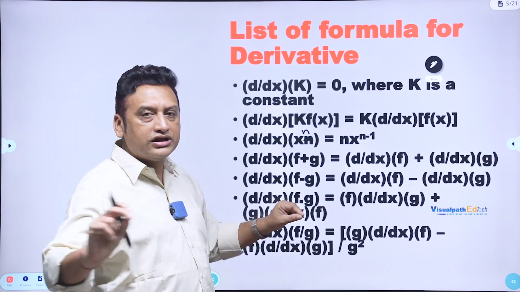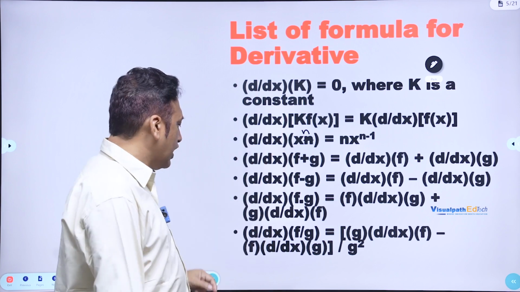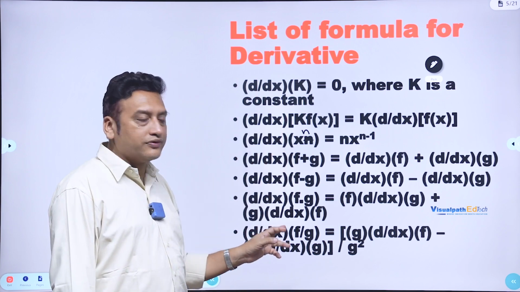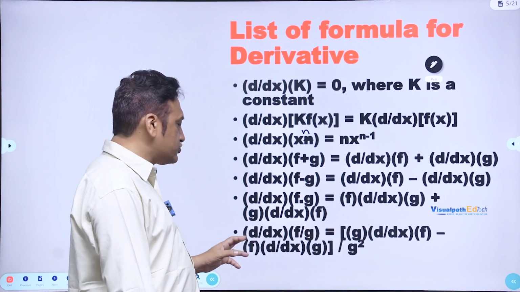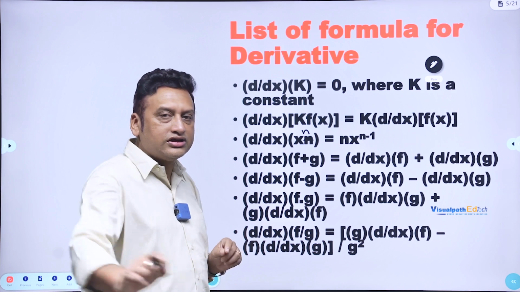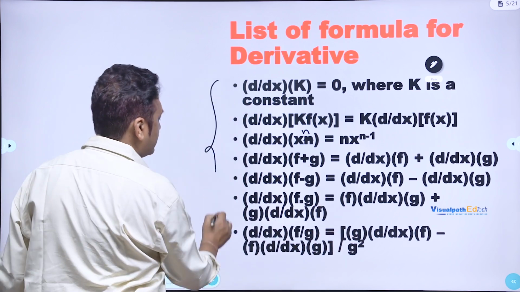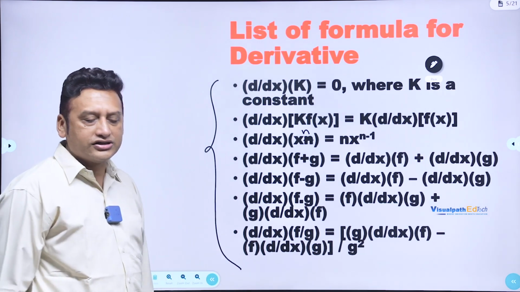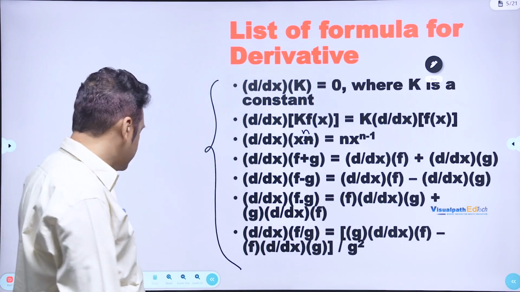Then the whole thing has to be divided by second function's square, g square. I repeat, if we are finding d/dx of f upon g, it is g into d/dx of f minus f into d/dx of g, whole thing divided by g square. So these are the set of formulas which we'll keep using again and again as and when we come across sums, and you all need to remember these formulas.